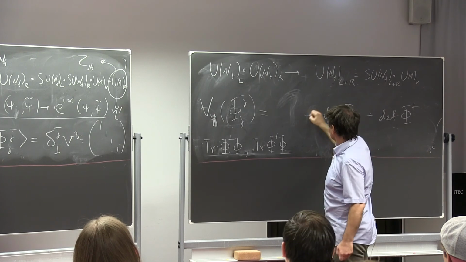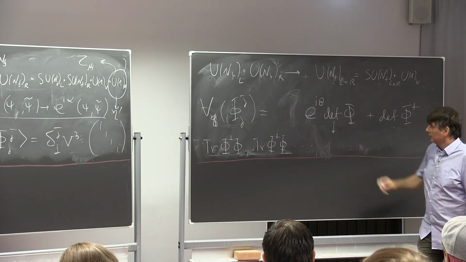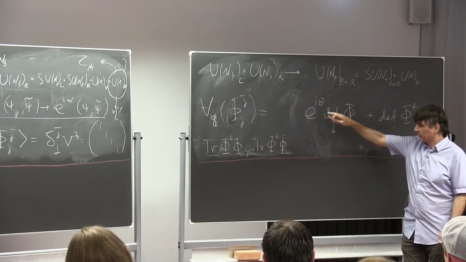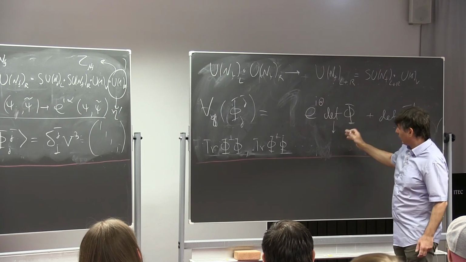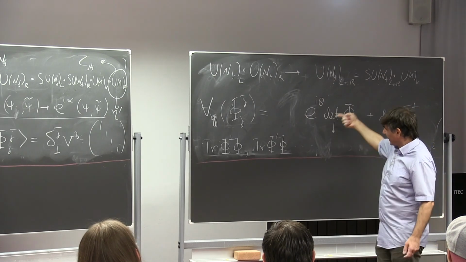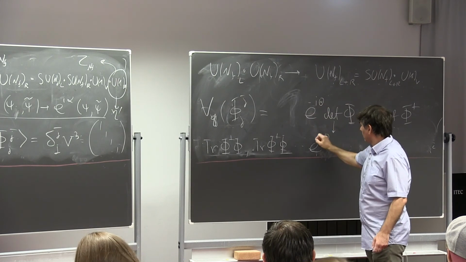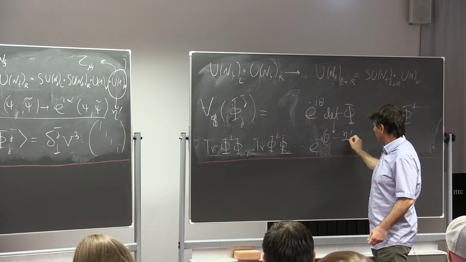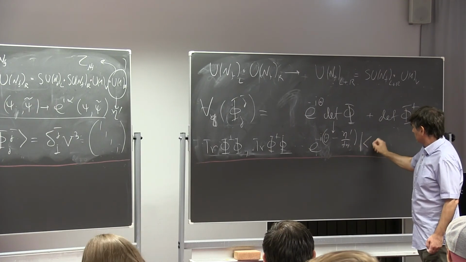So we get a term generated by the instantons with theta and the determinant of phi. For this consideration of the eta prime mass, theta is not so important at the moment. Now we can write this down as exponent i eta prime over f_eta prime, and the modulus of the determinant.